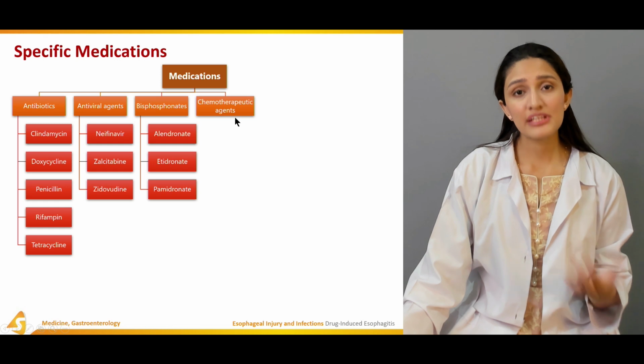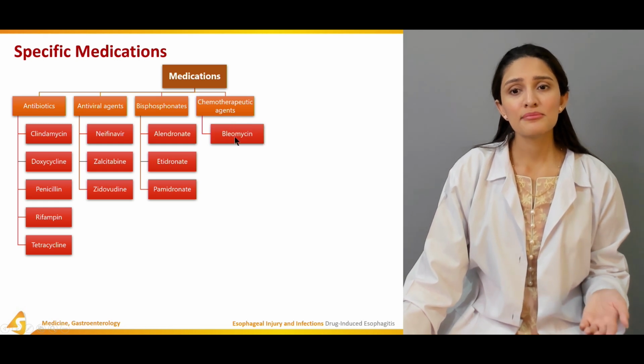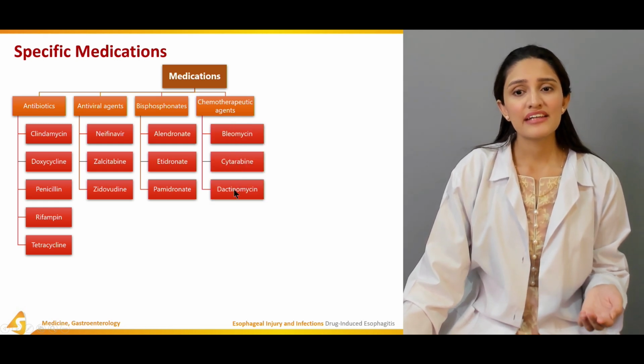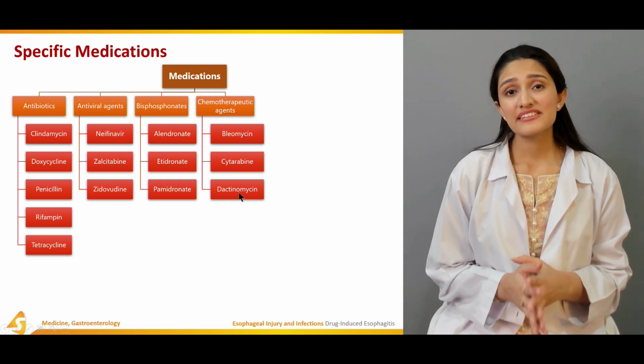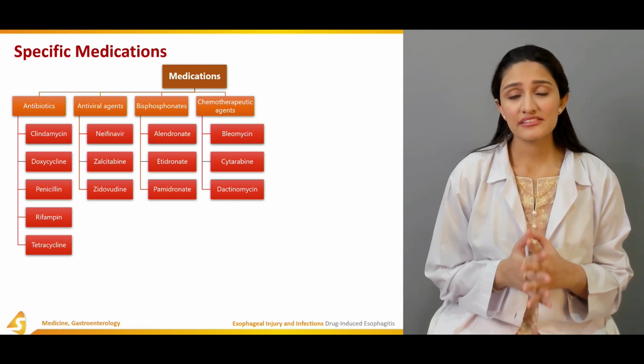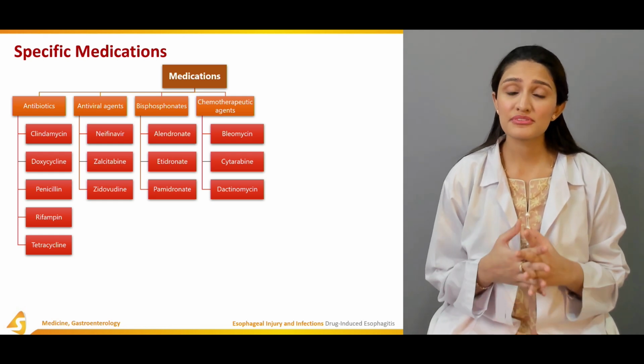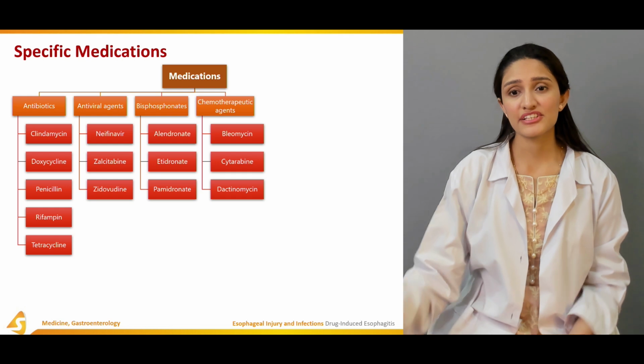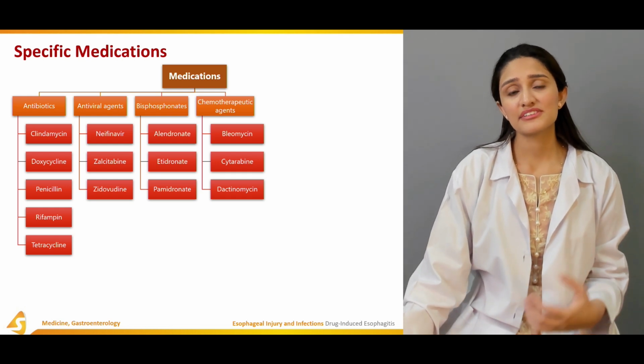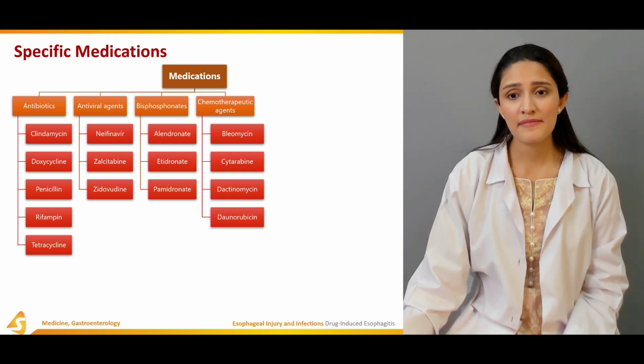Then there are different types of chemotherapeutic agents such as bleomycin, cytarabine, and dactinomycin. These chemotherapeutic agents are usually used in patients with hematopoietic stem cell transplantation. These also have a very injurious effect on the esophagus.